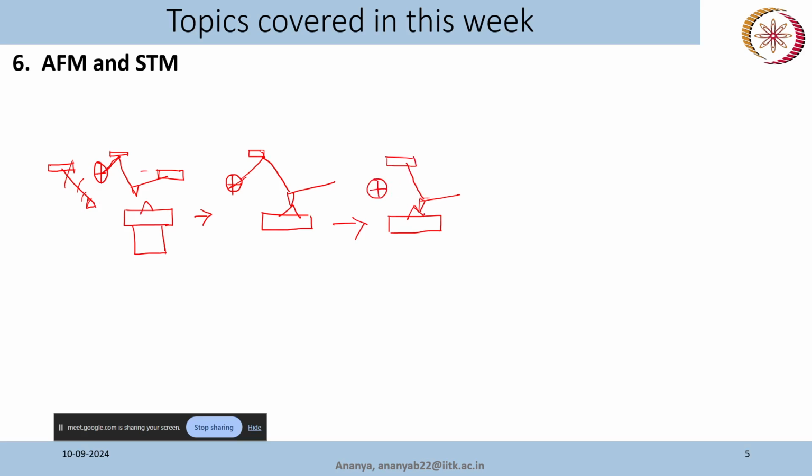Now because the tip moved below, the light will fall here at the first quadrant. Based on this profile, as you can see, if there is a height, the light moves towards the third quadrant.